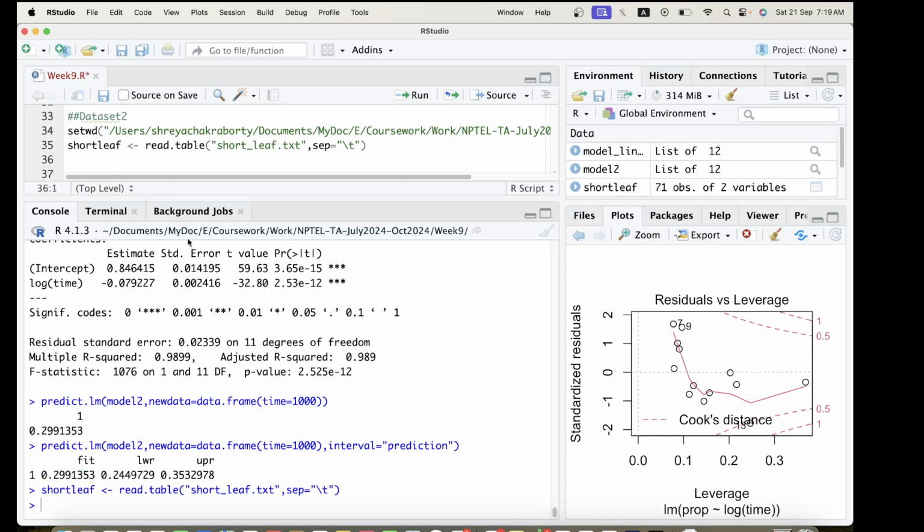So I'm going to load this data set into my workspace, and then, as with every other thing, I'm going to do a plot.